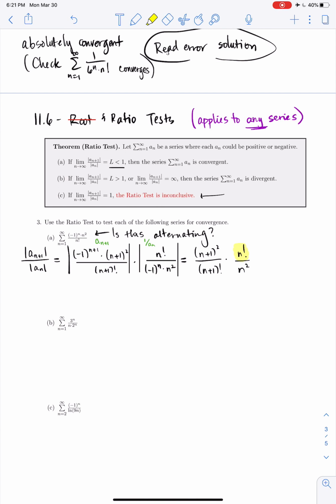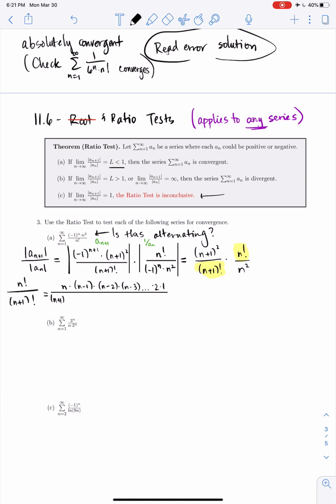n factorial and n plus 1 factorial, let's do this on the side. If we write out a couple terms, n factorial is n times n minus 1 times n minus 2 times n minus 3, so on and so forth, times 2 times 1. So you just march all the way down the line, starting at the positive integer n, all the way down to 1.